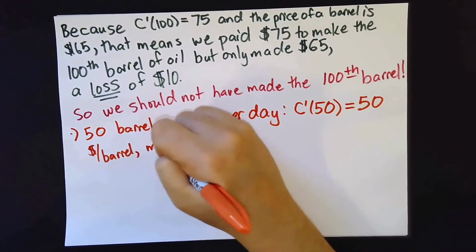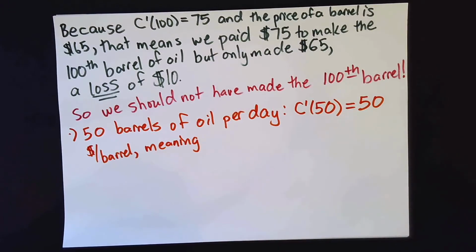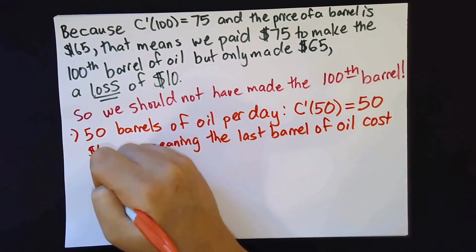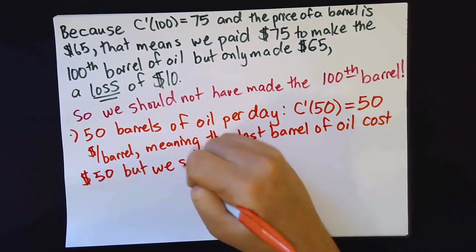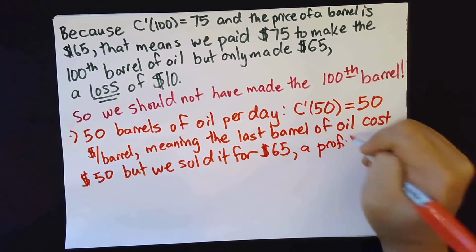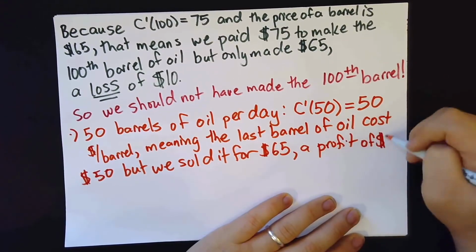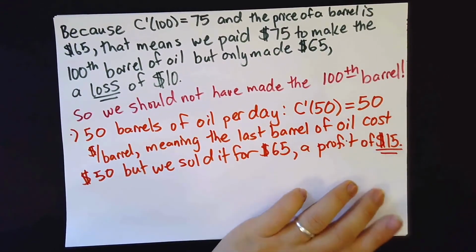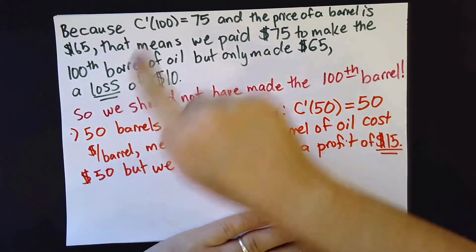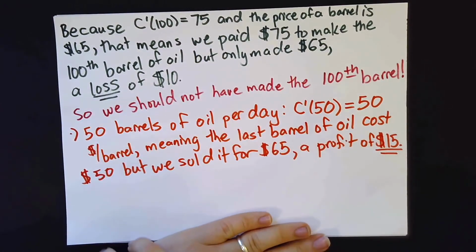And what does that mean? That means the last barrel of oil cost us $50 to make, but we were able to sell it for $65. So that means we made $15 on that transaction. That means we want to make the 50th barrel of oil. We don't want to make the 100th barrel of oil.